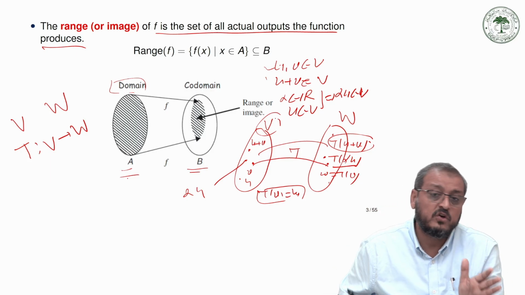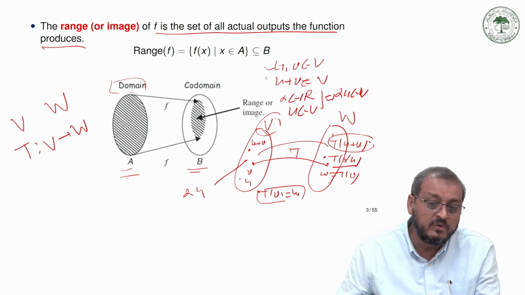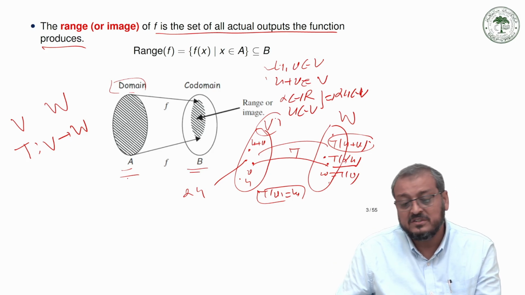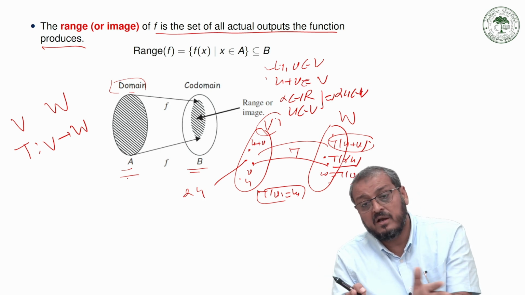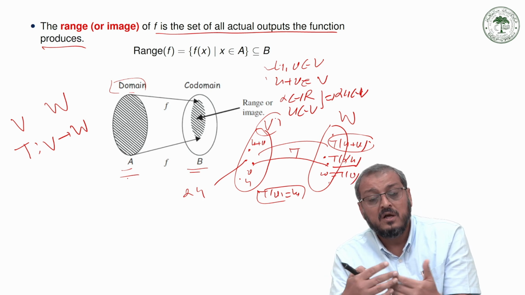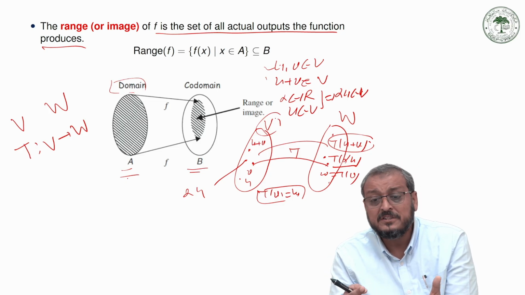In a function we have two sets, but in place of two sets we take two vector spaces, and the function is defined under this map. Images are there, but in linear transformations we also ask for the linearity conditions.